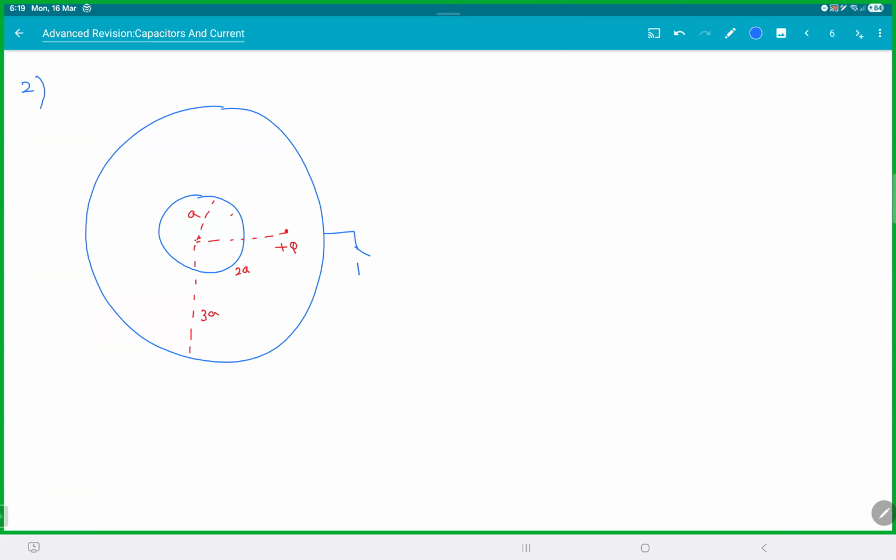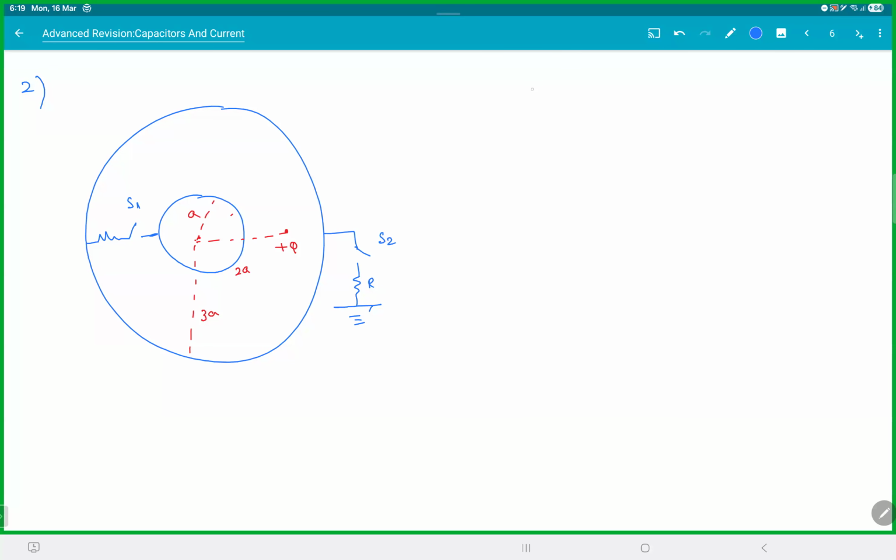We got a switch here. Some resistance R2, doesn't matter. This is S2, and we got one more resistance here with a switch here. This is S1. Okay, so initially the shells are neutral. There are two switches, and there's a point charge sitting exactly at 2a.